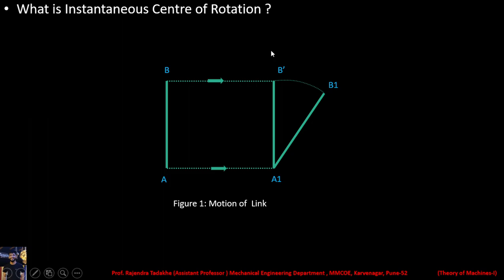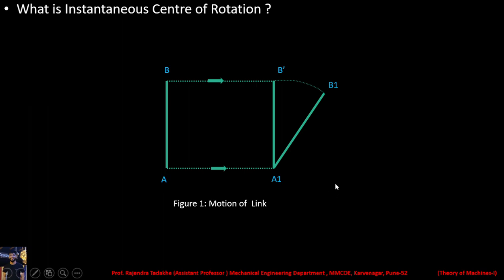So if we take 10 different configurations or 10 different positions of the link AB, then we will have 10 instantaneous centers of rotation. And if we join all those instantaneous centers for 10 different configurations, then we get one curve joining all the points, and that locus is called as centroid. So that is the basic definition about the instantaneous center of rotation.